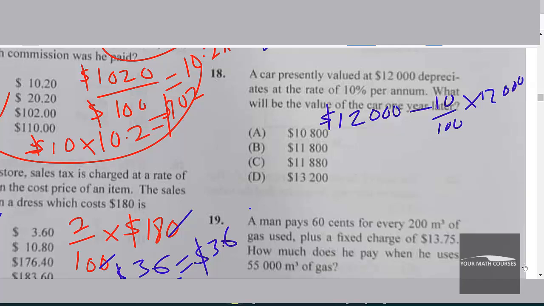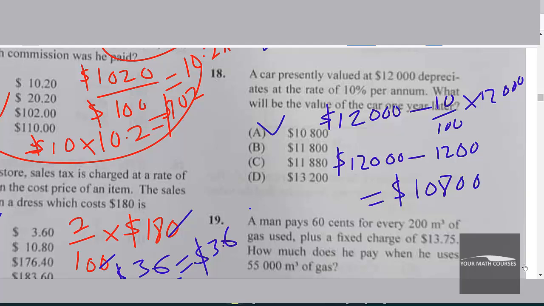So 12,000 minus 10%, which is 1,200, will be equal to $10,800. So the correct answer is A.